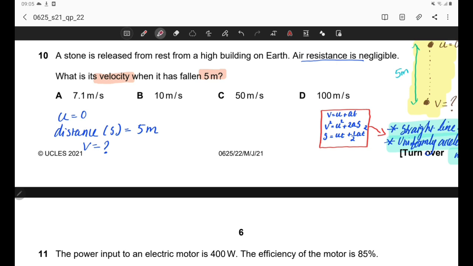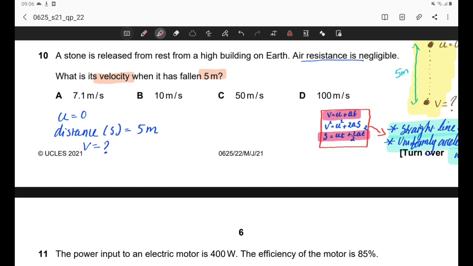We can use one of these equations in this question to calculate the velocity, but time is not given, so we cannot use the equation V is equal to U plus AT, because there we need to know time. Likewise, the third equation also consists of time, that is S, distance, is equal to U times time plus half AT square. So we can't use the first and third equations, because we need to know the time, but we don't know the time.